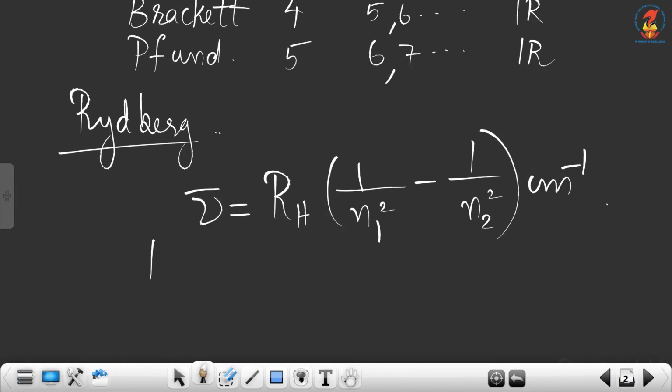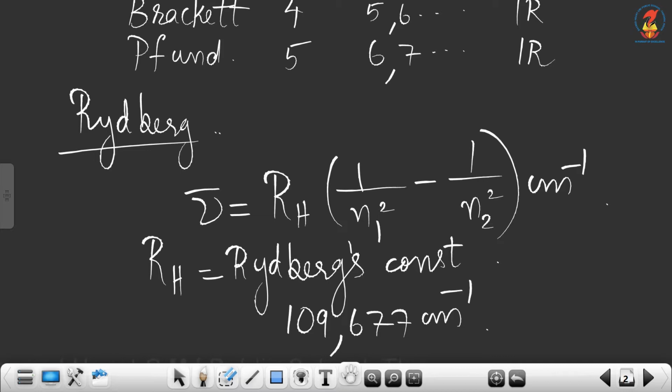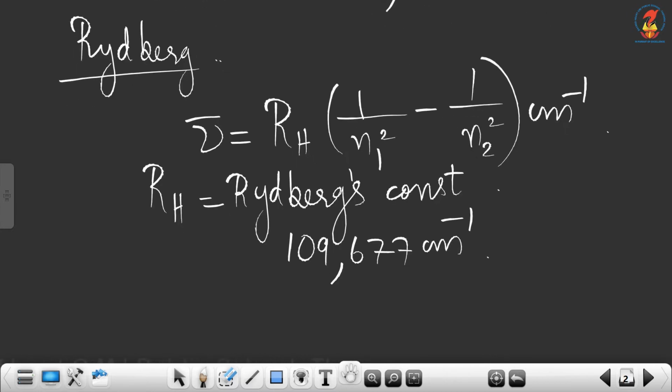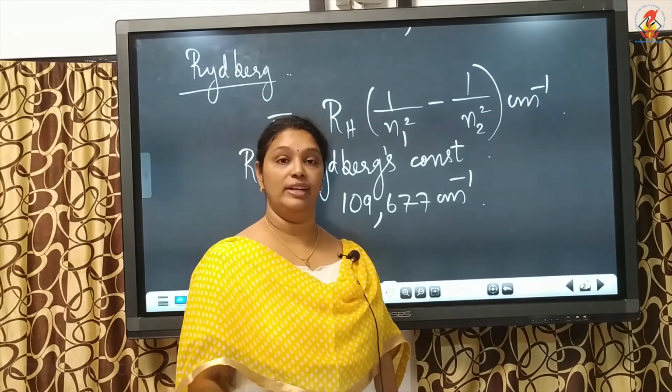And RH is called Rydberg's constant, and its value is 109,677 centimeter inverse. And n1 and n2 are integers, and n2 is always greater than n1.